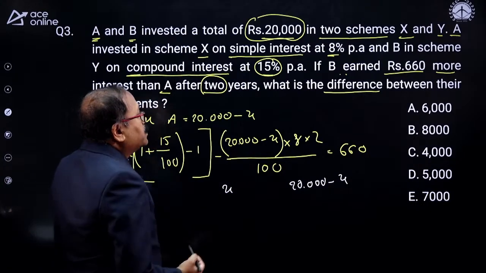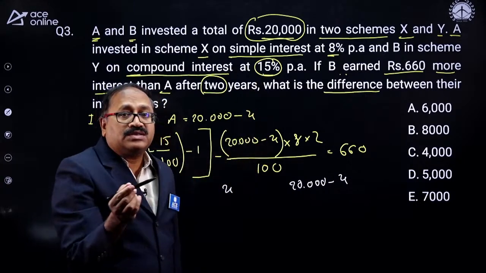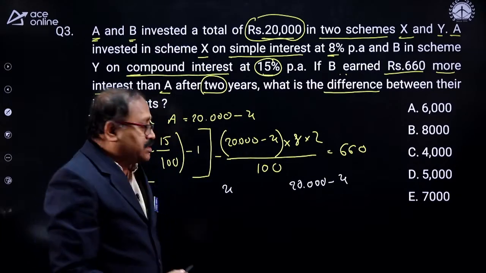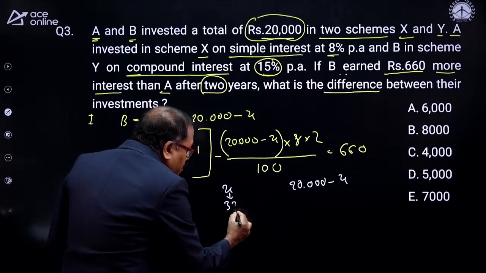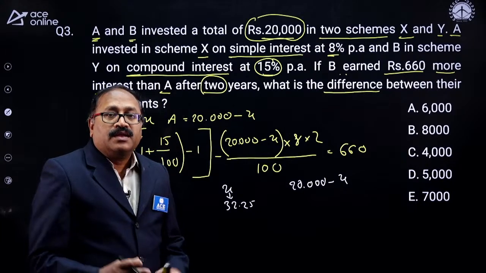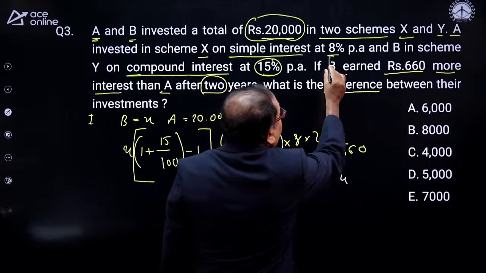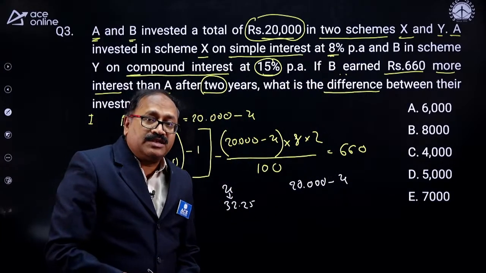Now, B gets what percentage interest? 15% compound interest for 2 years, that is 32.25%. So on X, he gets 32.25% interest. Next, A gets what percentage interest? 8% for 2 years, 8 into 2, 16%.